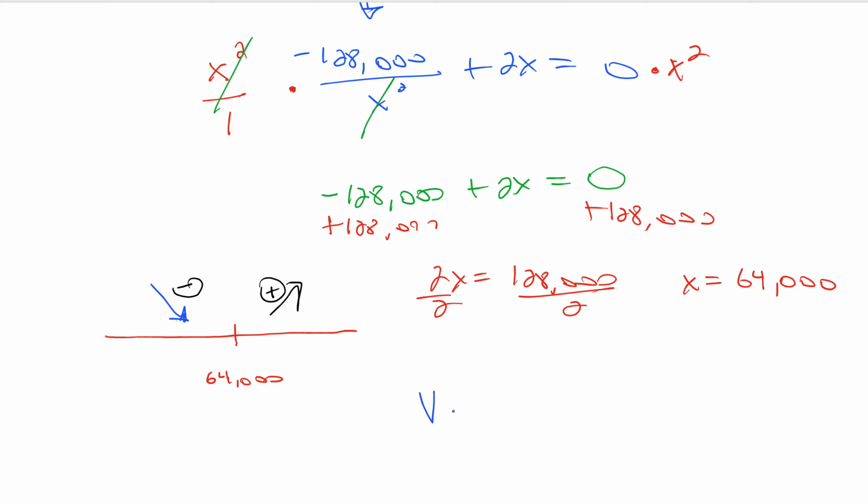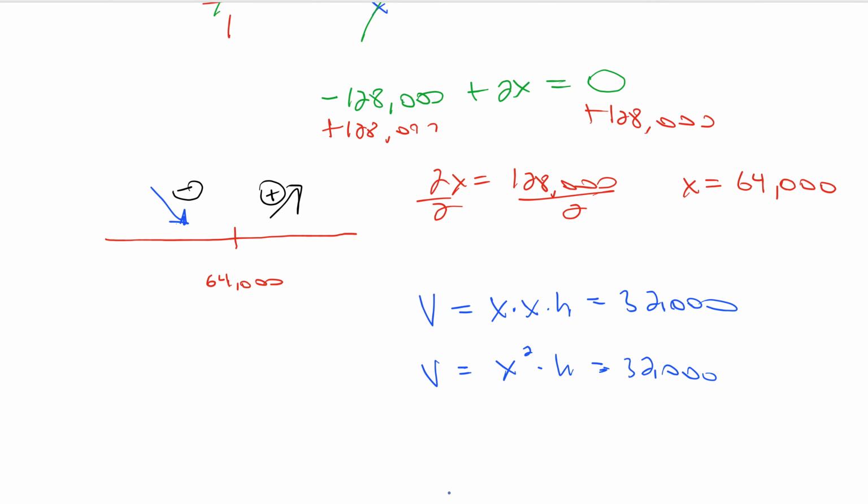According to our square-bottom base box, volume is x squared times h, which is equal to 32,000. But now we also know the value of x that minimizes this. We know that x is 64,000, so we can go here: 64,000 squared times some unknown height equals 32,000.